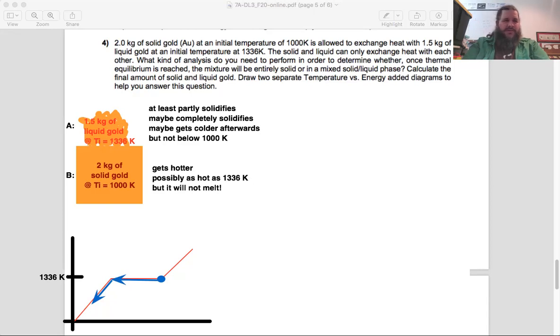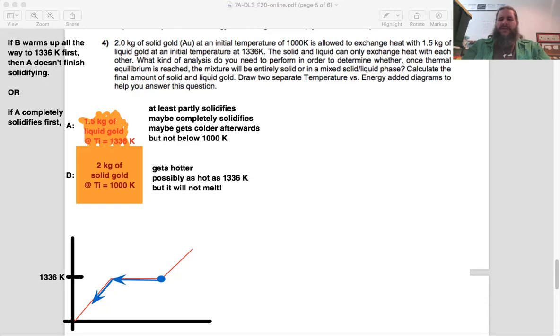I should actually use the terminology I've already set up. If B warms up all the way to 1336 Kelvin first, then A doesn't finish solidifying. Or if A completely solidifies first, then what's going to happen? If A completely solidifies while B is still in the process of warming up, what's going to happen next?